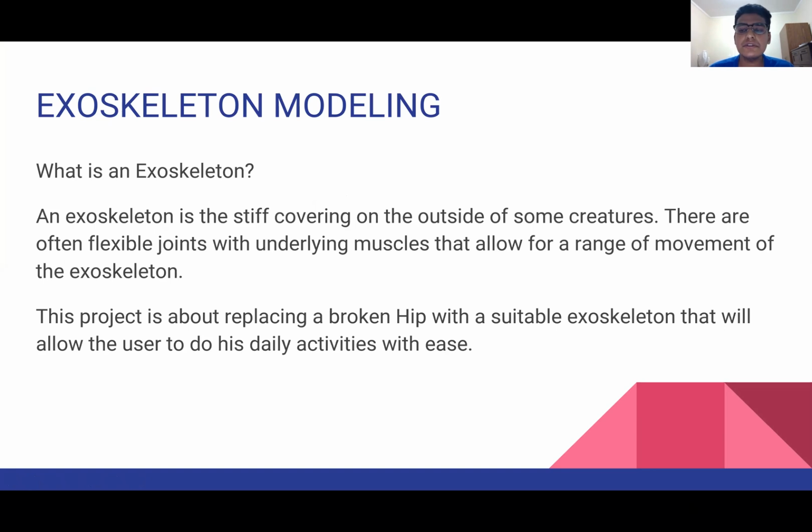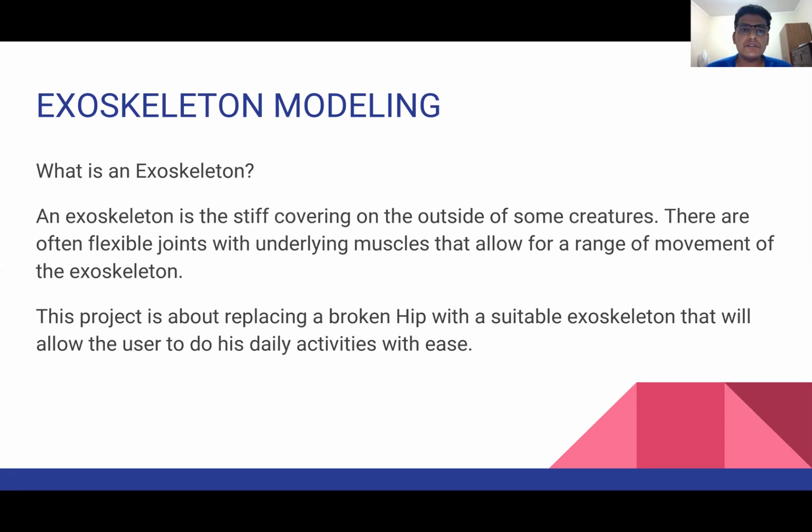First, what is an exoskeleton? An exoskeleton is a stiff structure usually on the outside of living beings, which protects the internal organs. But for this class, an exoskeleton is a structure that we attach to muscles and which replaces some of the external organs.